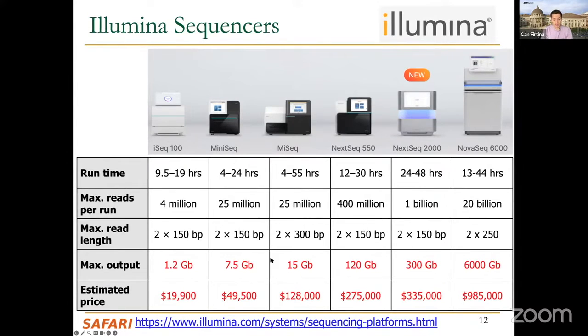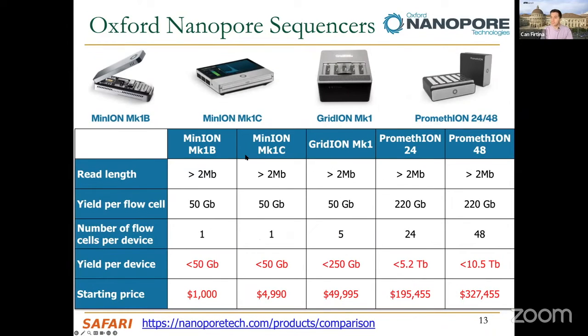Their sizes are also different. This can be a huge sequencer, or a relatively small sequencer that you can put on a small desk. And of course, their prices differ based on their capabilities and so on. So this is an example.